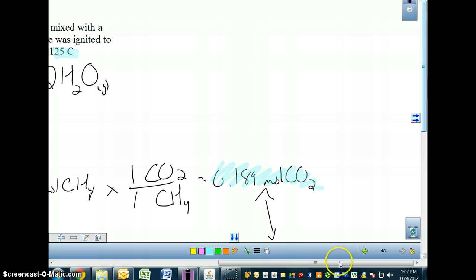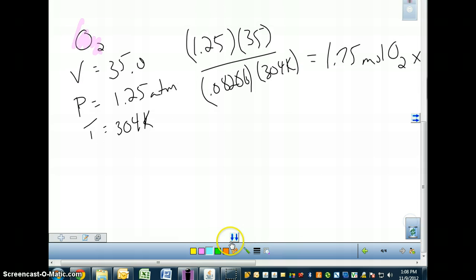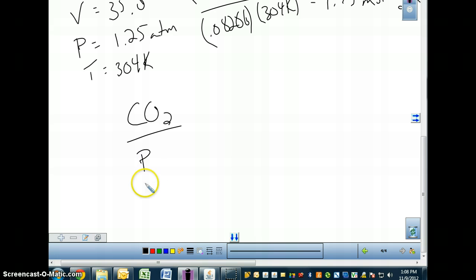However, I have not quite finished answering the question. Calculate the volume of CO2. But now that I have moles with my atmospheres and with my temperature, I can plug it into PV equals nRT and get an answer. So I have CO2, I've got a pressure, a number of moles, and a temperature.